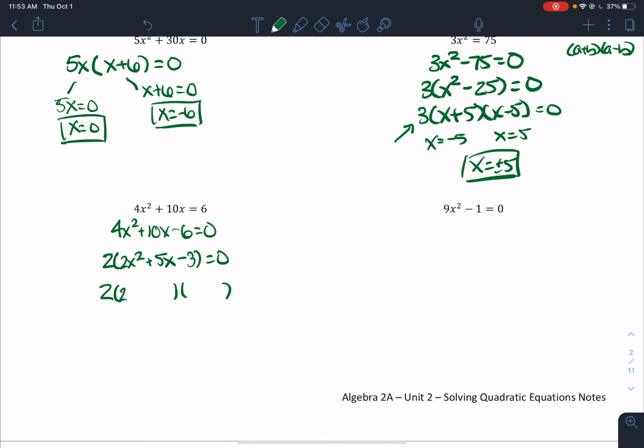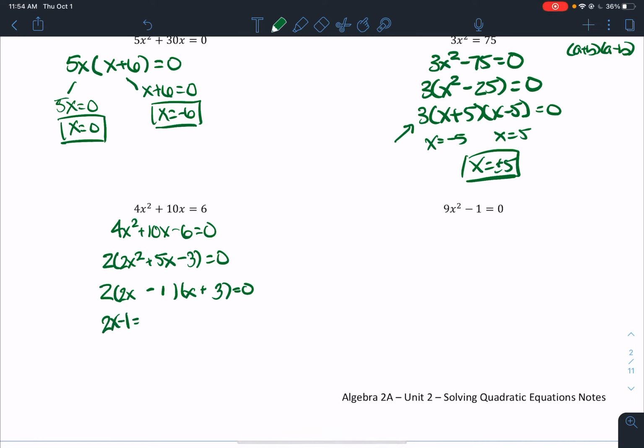It's going to be 2x and x, because they have to multiply to 2x squared. 3, 1, subtract, add. Yeah, that'll do it. I just kind of guessed and checked there. I knew that they had to multiply to 3, so I knew that my numbers in my second slot would be 1 and 3. And then I just kind of rearranged them so that when I would multiply it out, I would get the 5x in the middle. There was no exact science to that.